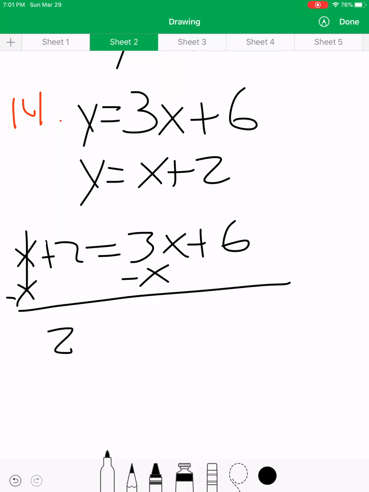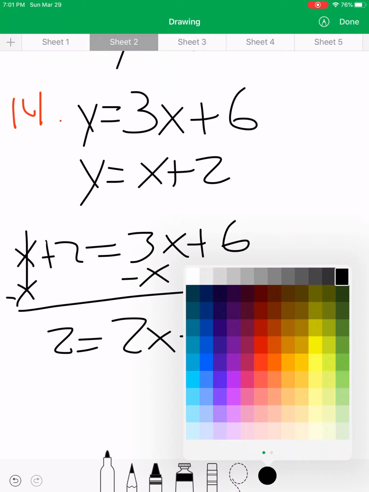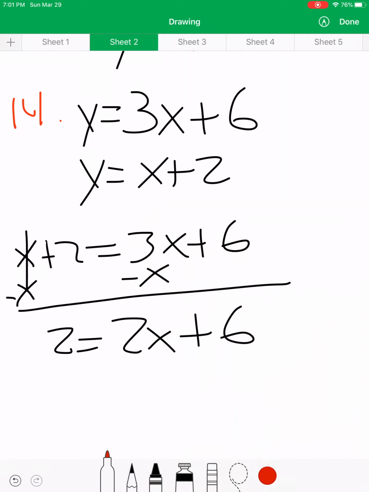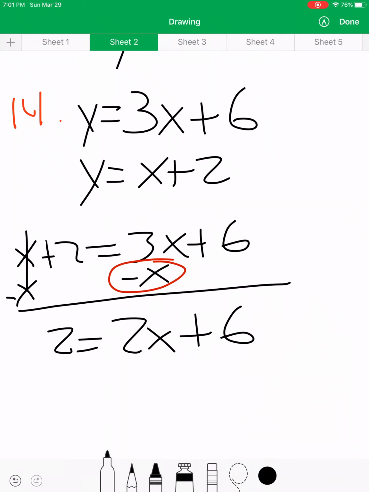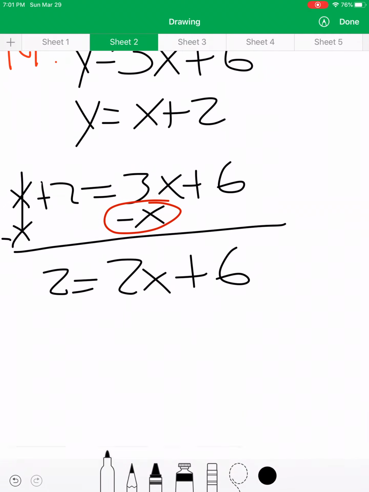Bring that 2 down. 2 equals 3x minus x, 2x, plus 6. This x right here, I'll circle it. It really has a coefficient of 1. It's just not written, okay? It's understood. That's why 3x minus x gives me 2x. Now we start on the right side because that's the side with the variable, and I move the number without the variable by doing the opposite operation.